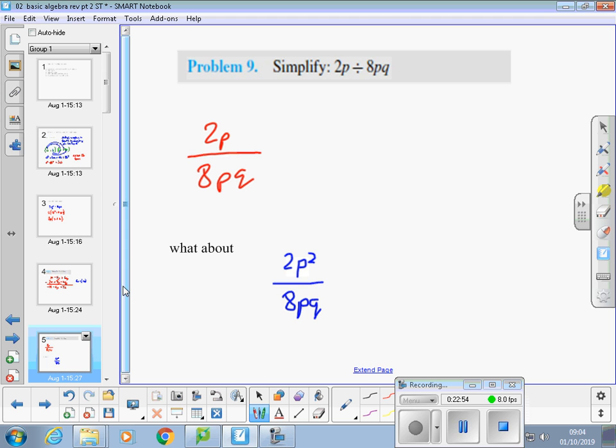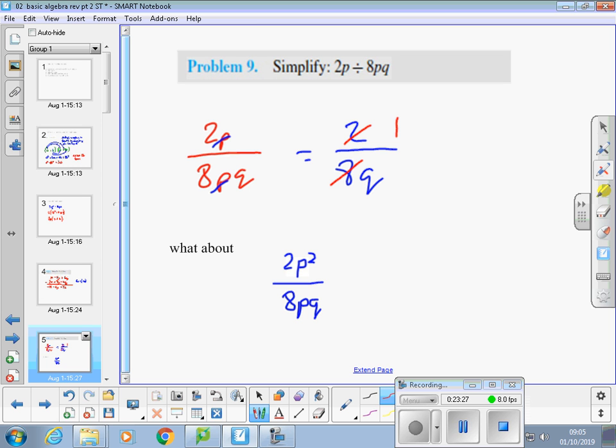Somebody said the p's cancel out. That equals 2 over 8q. Anything else? Yeah, both of those numbers are divisible by 2, so we can divide top and bottom by 2.